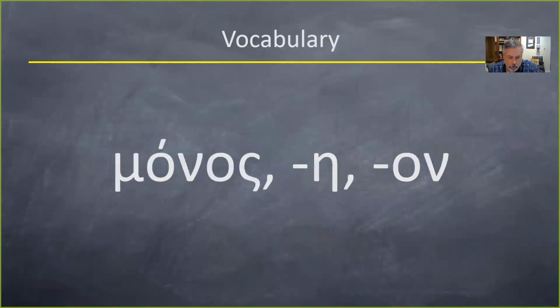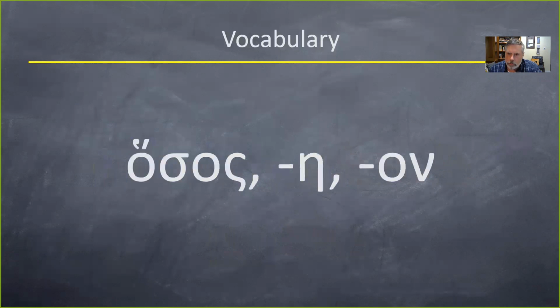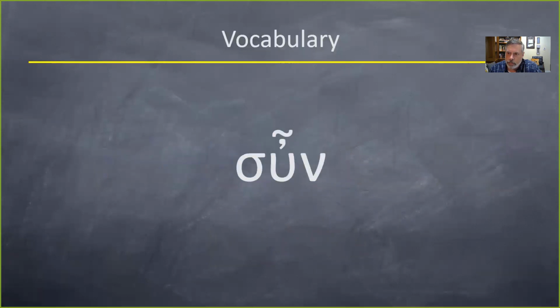Monos, only or alone. Hopōs, being how or in that order. Hosos, hosē, hoson. It would be as great as, or as many as. Oun is a postpositive, meaning therefore, then.